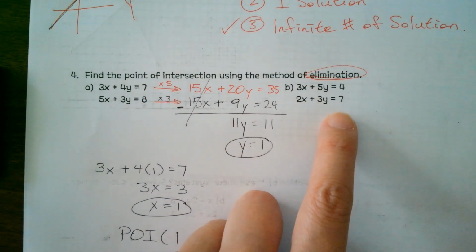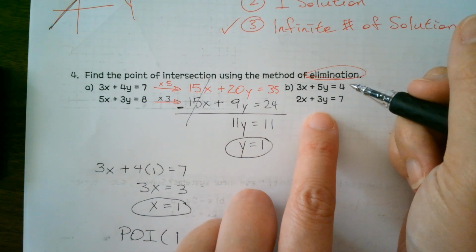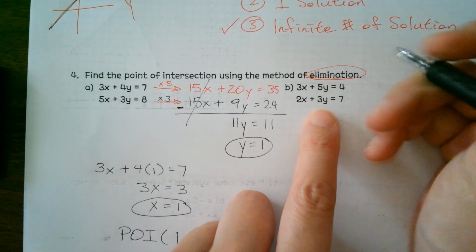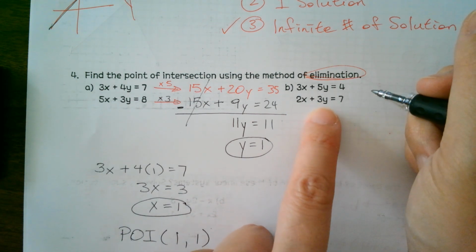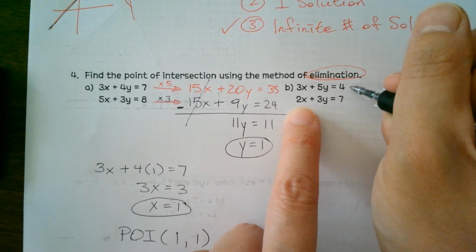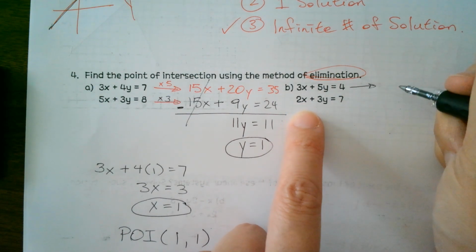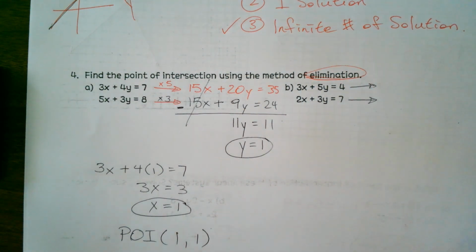Okay, this second one right here. It's actually very similar. Let's say I want to eliminate the x again. This is very similar. I wish I did one with different.